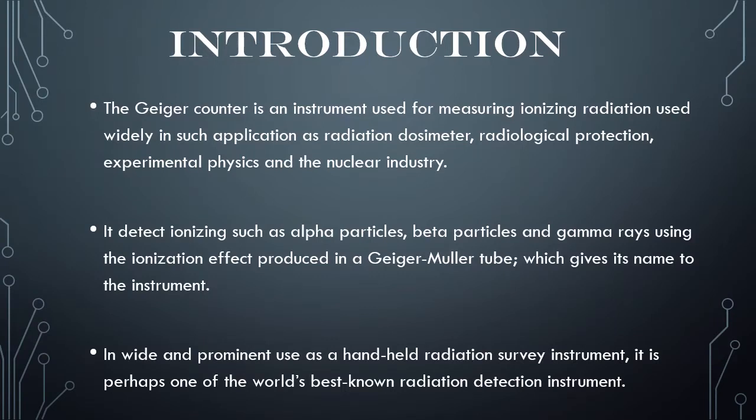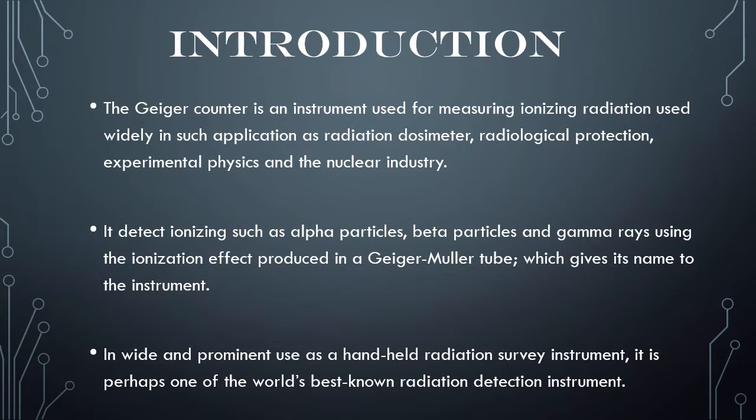Introduction. The Geiger counter is an instrument used for measuring ionizing radiation, used widely in such applications as radiation dosimetry, radiological protection, experimental physics, and the nuclear industry.